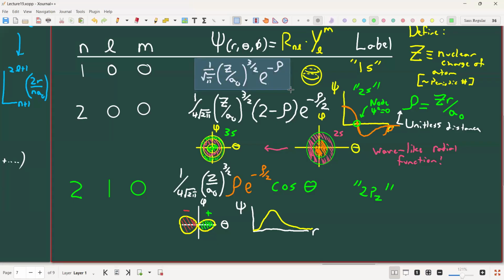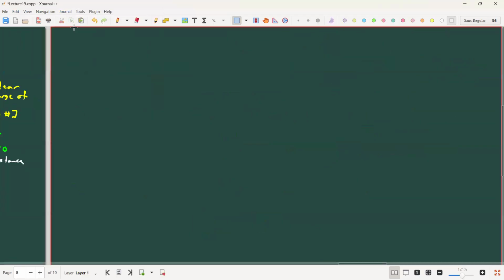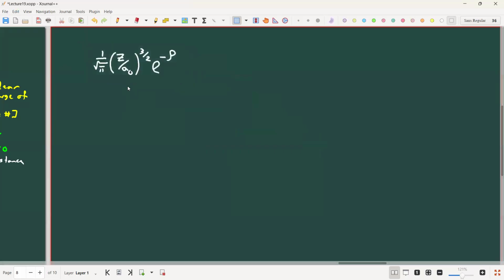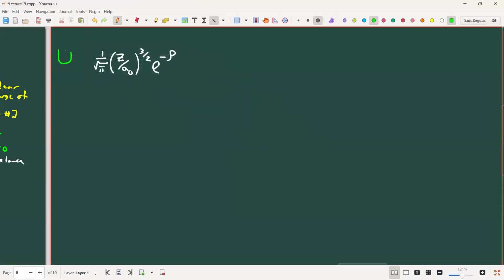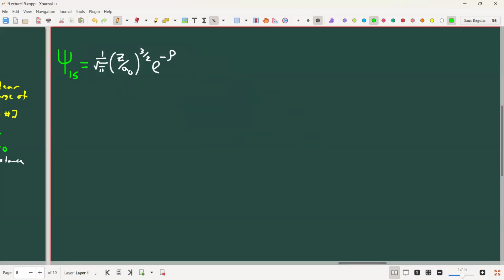Right, so let's consider something. Let's think about probabilities, right? We're going to have a box. We'll call this psi 1s. Right? We have a box, and we're going to take an electron, a hydrogen atom in its 1s orbital, right? Its ground state, a whole hydrogen atom, and we're going to image the electron.